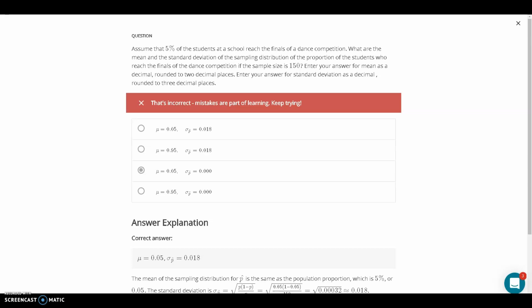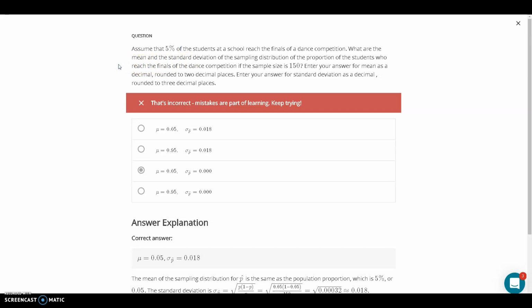Okay, hi everybody. I'm just going to work a couple problems here in section 9.2 again. This is the distribution of sample means, and this is the proportion part. We know it's the proportion part because it has a mean of 5%.